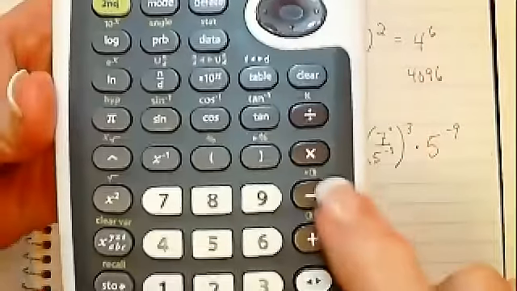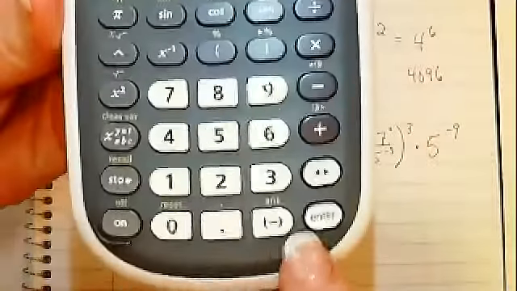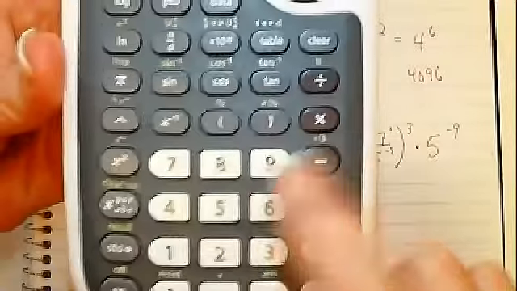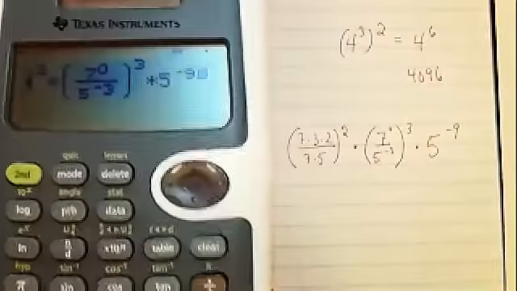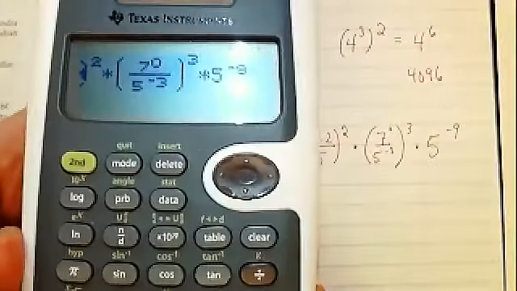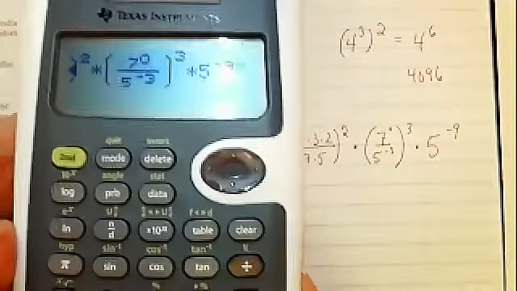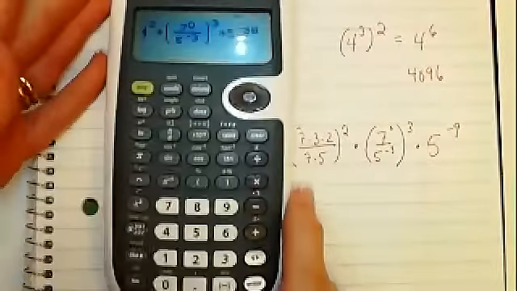I cannot use my minus symbol. I have to go down here and use my negative symbol. Negative 9, right? So I have that whole math problem written in my calculator the way I see it on my paper. Finally, I hit enter.